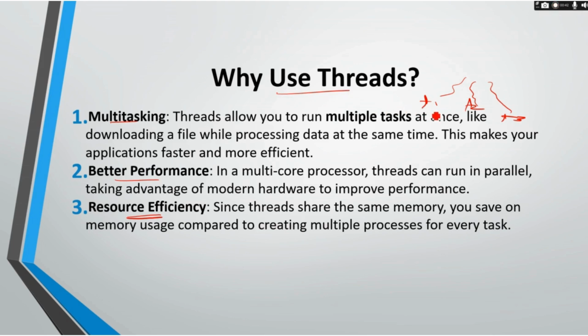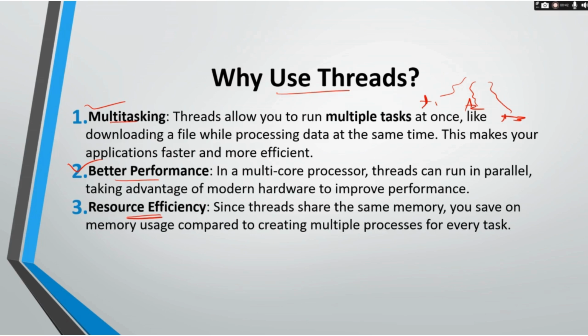As we all know, if we are using threads, then we can execute multiple tasks at the same time, which will reduce our task time and also make the application faster. For better performance, if we have an 8 core processor, then we can assign each thread to each core so that it will improve our performance and resources will be managed efficiently, right? So there are three main advantages: multitasking, better performance, and resource efficiency.